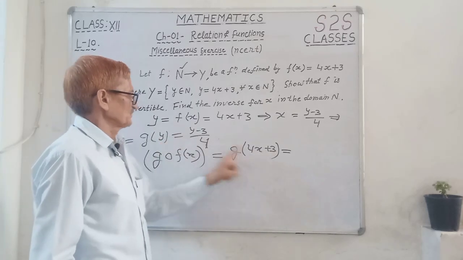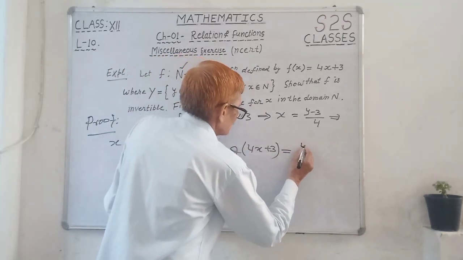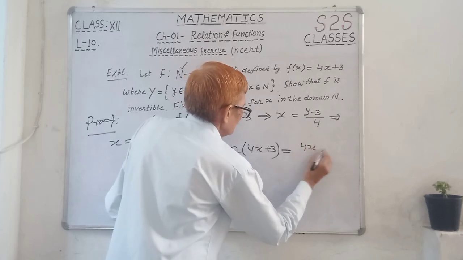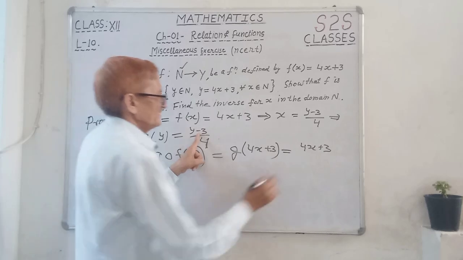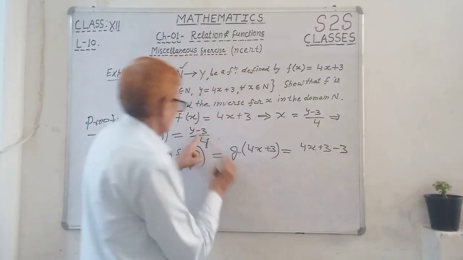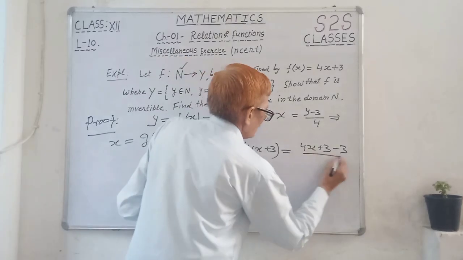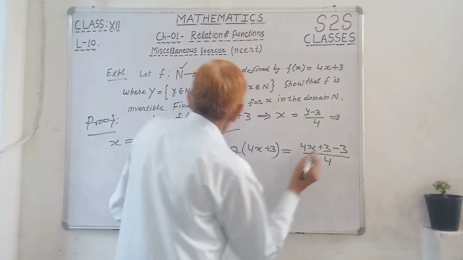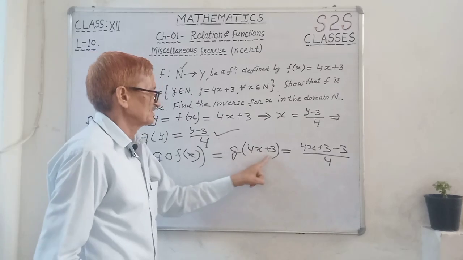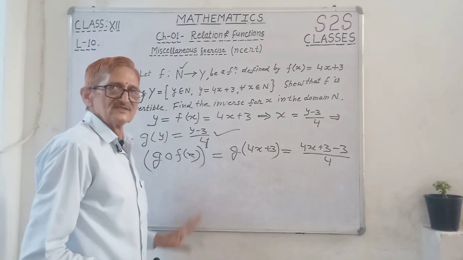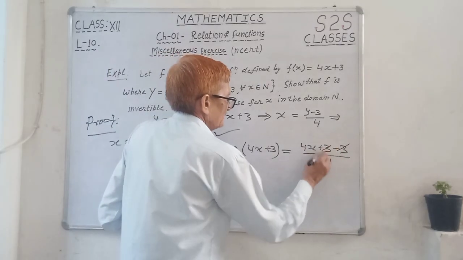So g of 4x plus 3 is equal to y, meaning (4x plus 3 minus 3) upon 4, putting it here in the g function. This is your (y minus 3) upon 4, where y is 4x plus 3. This is called gof. Now simplify.